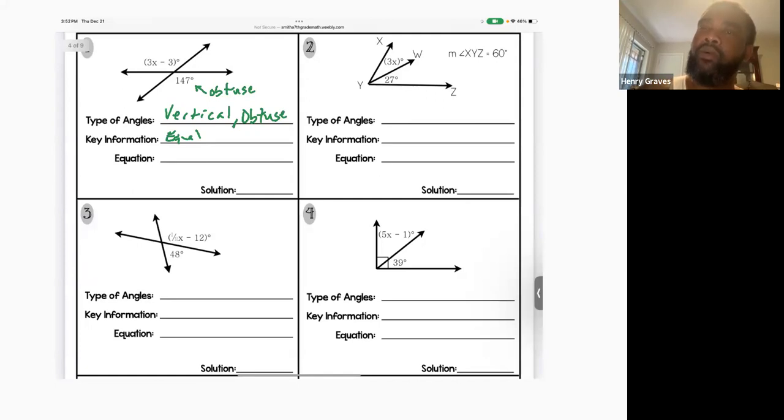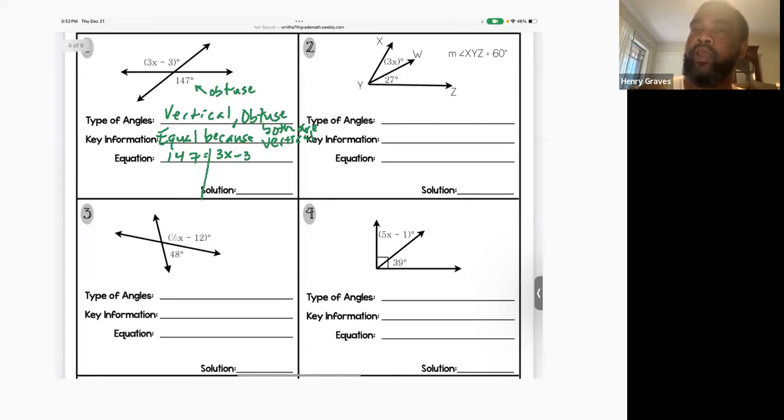So equal because they are vertical. Both are vertical. There we go. So I'm going to have 147 equals 3x minus 3. So I go ahead and add 3 to both sides to get 150 is equal to 3x.